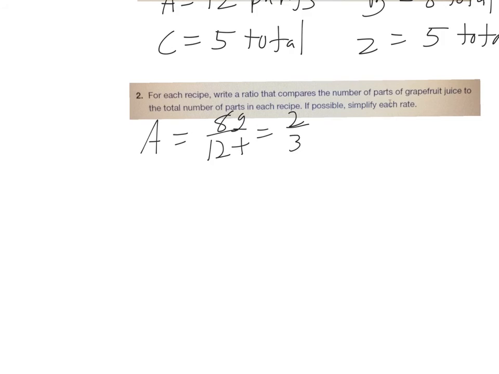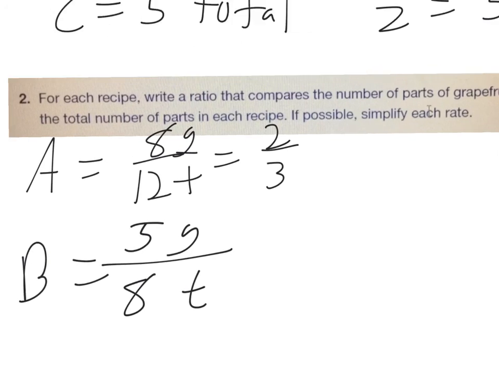And then we can look at the next one. Bobby is 3 parts lemon lime to 5 parts grapefruit juice. So Bobby equals 5 grapefruit over 8 total. And that cannot be simplified. That's just over 1/2. The next one would be Carlos, 2 parts lemon lime, 3 parts grapefruit juice.